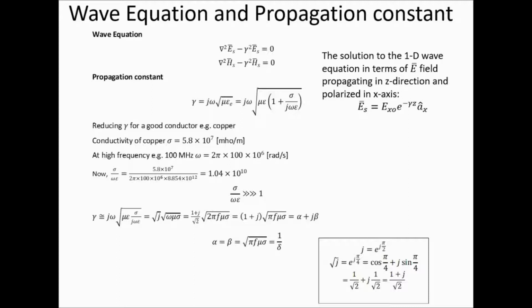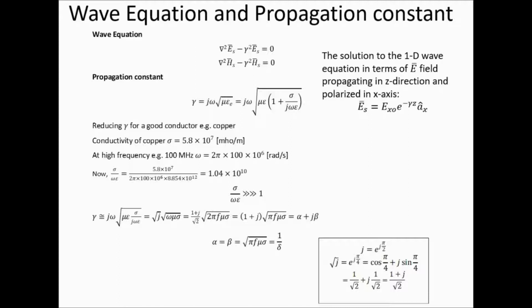So in the propagation constant, inside the square root 1 plus sigma over j omega epsilon, we can approximate this with only sigma over j omega epsilon, because this value is much bigger than 1. If you add 1 to this number, the value will not change.